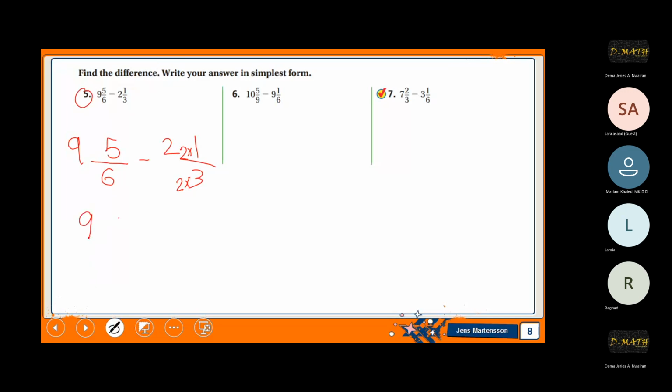So 9 and 5 over 6, don't change anything. Keep it as it is. Plus 2 and 2 over what? Over 6. Then she added fraction, then she added 9 plus 2.